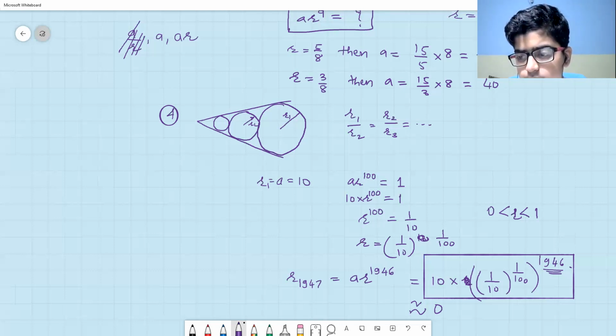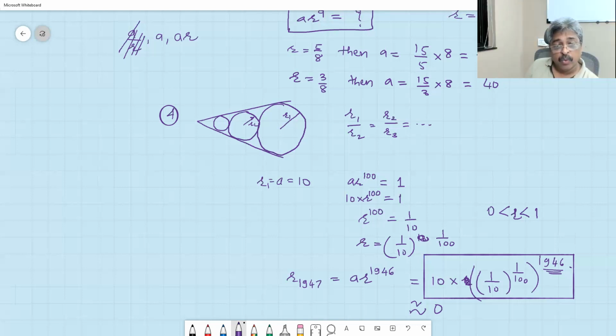So, sir, why is it 1946? Sir, R power 1947 equal to A R power 1946. Because R1 is A. What you are asking is, what is the nth term in geometric progression? Dhruva, I should ask you this question.